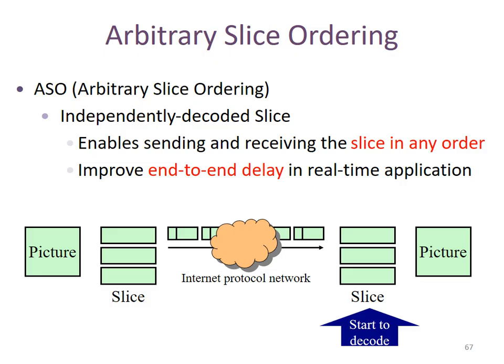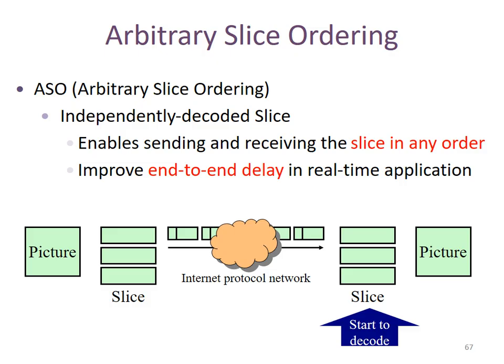When we transmit slices online via the network, for example, we have slice 1, 2, 3. But at the receiver, we have different network conditions, so maybe we have a different order. For example, the first received slice is slice 2, and then we receive slice 0 and slice 1.